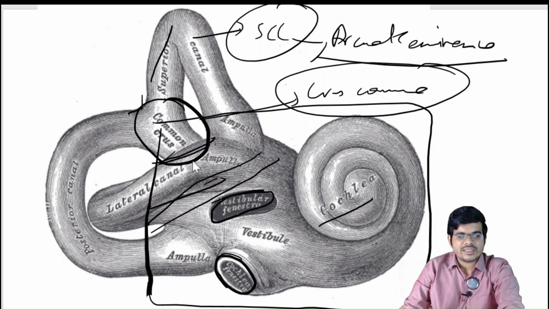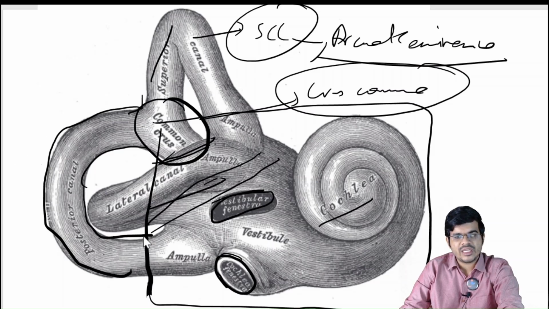From the lateral semicircular canal, posteriorly towards the mastoid you have the posterior semicircular canal. This is the ampullated end going into the vestibule. This is the lateral semicircular canal.